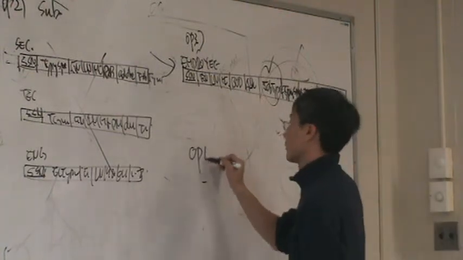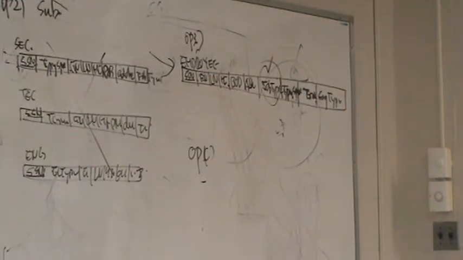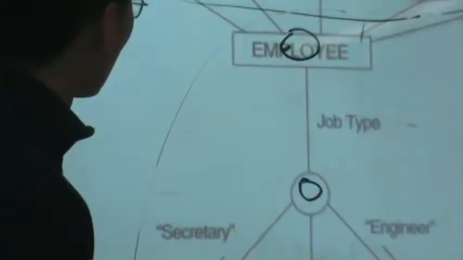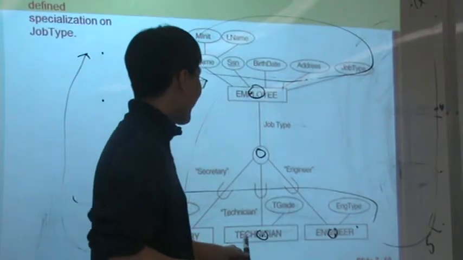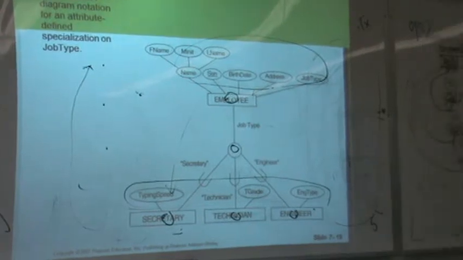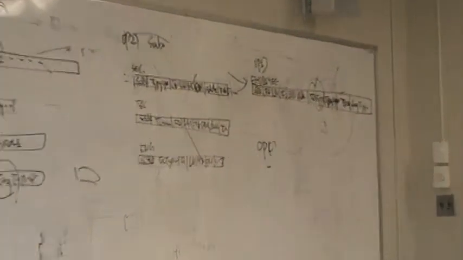What about overlap? Overlap means an employee can be a secretary as well as a technician, as well as an engineer. They cannot be represented by this option.